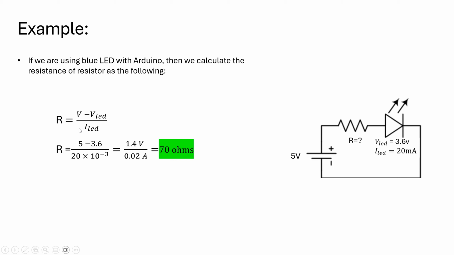Okay, let's use our law. Resistance equals the source voltage, which is 5 volts here, it comes from an Arduino pin for example, or any battery, minus 3.6, which is the maximum voltage of the LED, divided by the current of the LED, which is 20 milliampere, but here we transfer it to ampere: 20 times 10 to the power of minus 3.